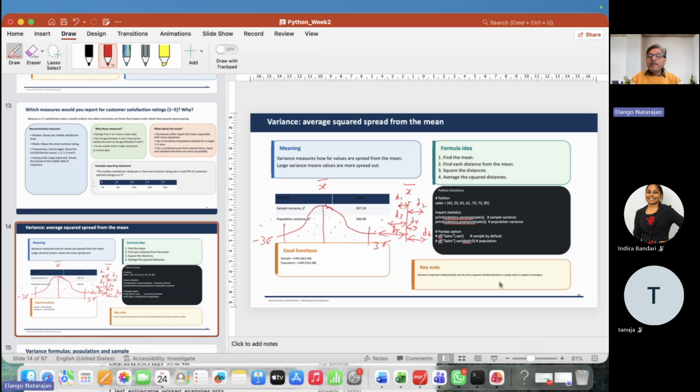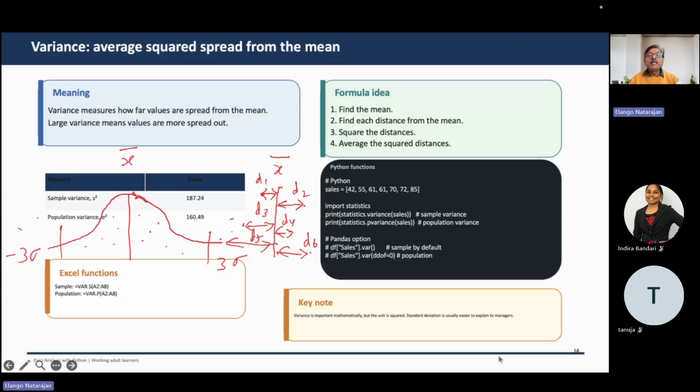Okay. So variance is one of the important measures we use in our data analysis. All you need to do is find the mean of your data, then find the difference between the mean and the actual data, that is the distance, then square the distance and take the average of the squared distance.